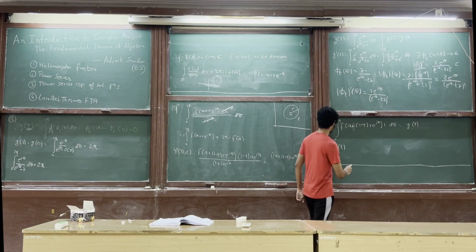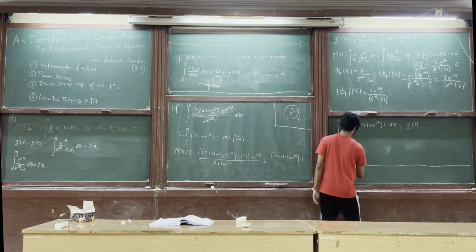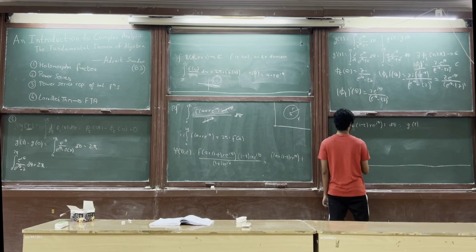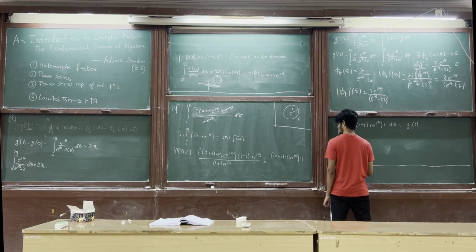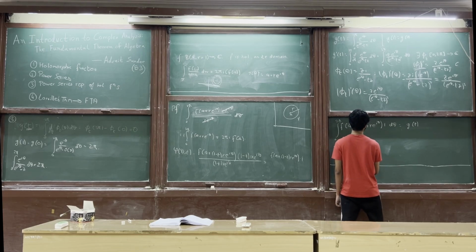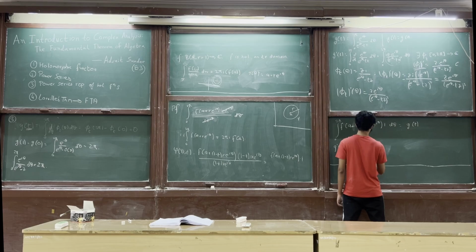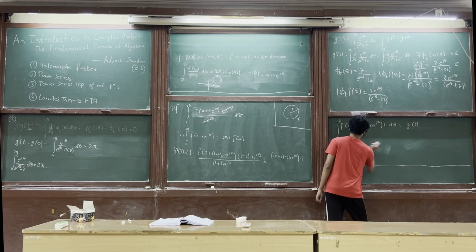So I hope you guys are comfortable with this. 0 to 2 pi, the time derivative of this. There will be 1 minus t. Will be f of a plus f prime rather, because we're taking these steps.